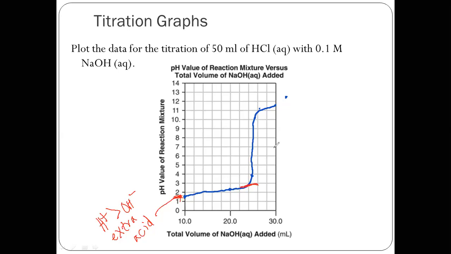So it's going to be from here to here, and actually one drop is what's going to do this huge jump. So the midpoint of this section is going to be where you're neutral. So at this point, this is the equivalence point. And this is where moles of H plus equal moles of OH minus.